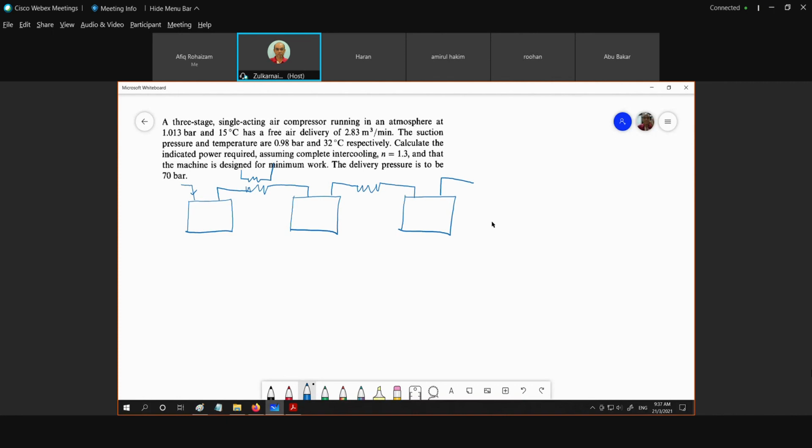Kalau ikut solution, apa nama yang diberikan? LP, HP 2 sir. Ya. So yang ni dia katakan LP. Ini dia katakan IP. Betul? Ini dia katakan HP. Betul? Correct? Yes, betul ke? Oh, tak ada apa pun. Okay, tak ada apa pun. Alright.